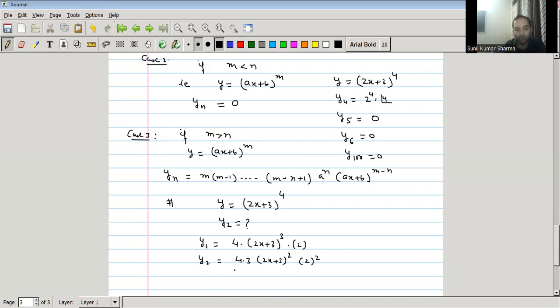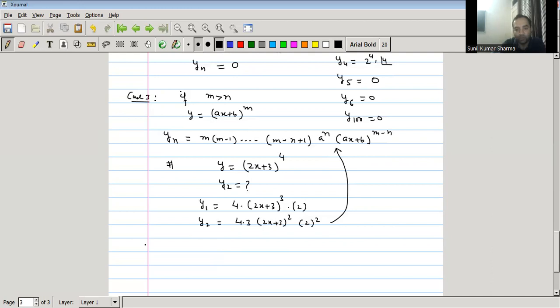Okay. So now can you compare this? Can you rewrite this in terms of the above? So here m is 4 and n is 2.